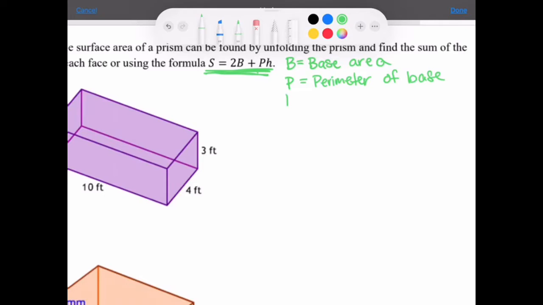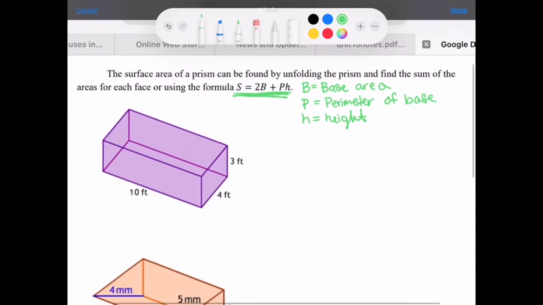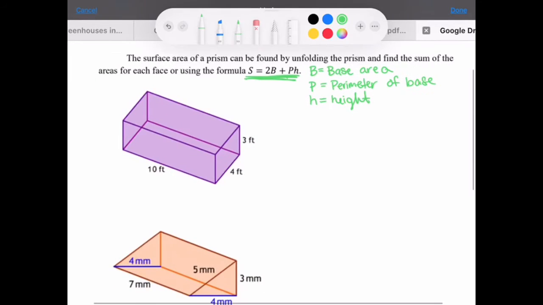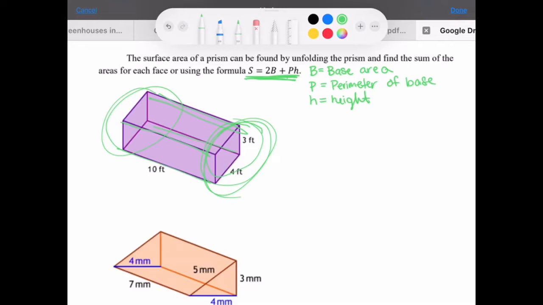And the H is the height. And if you're confused about which sides are the bases, you can see that all 4 of these sides, which are 10, are what we call the lateral faces, right? The other 2 sides that are the same are the bases here.